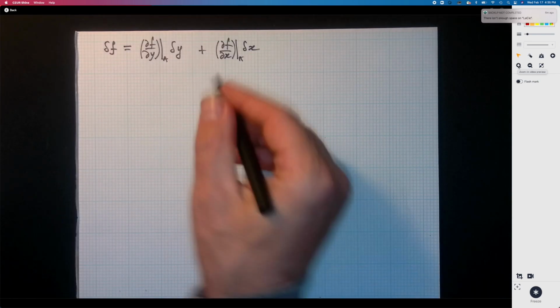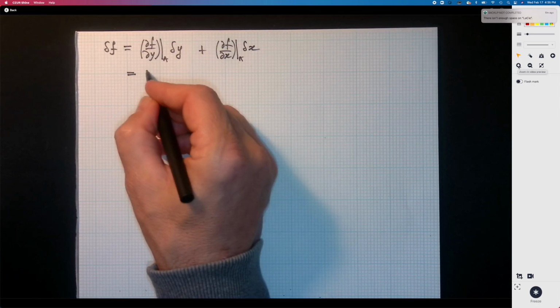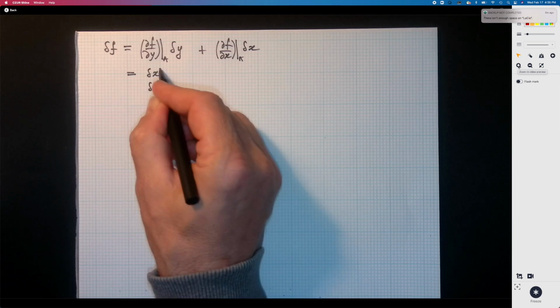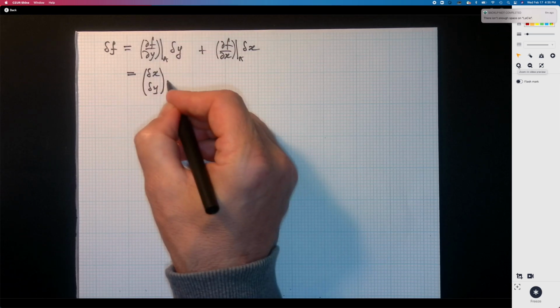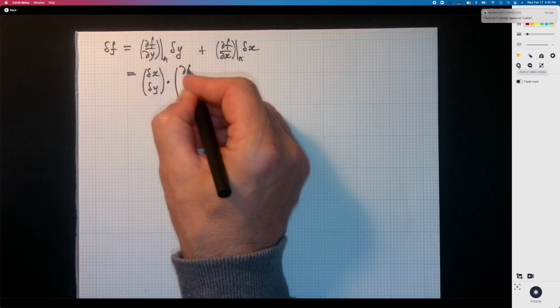And of course, the order of multiplication doesn't matter, so I can rewrite it as delta x, delta y as a vector dotted with this vector, which is the vector with the partial derivatives.